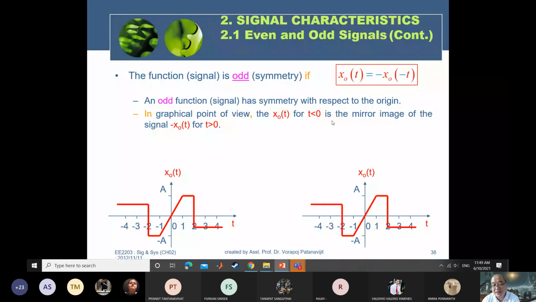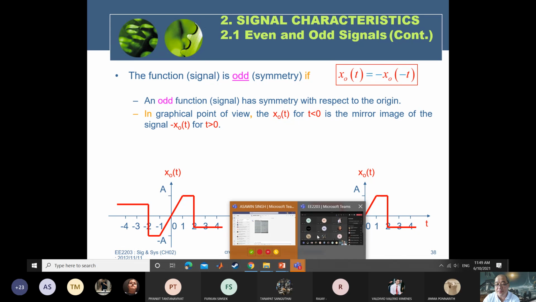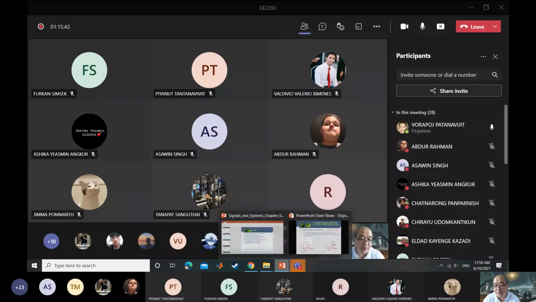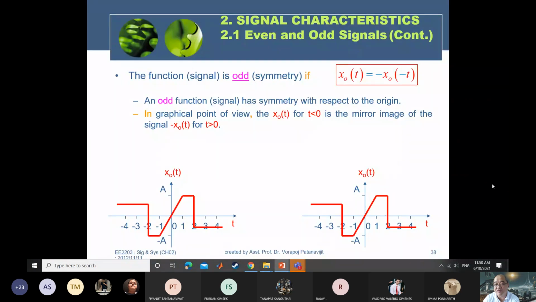Now we come back to the odd function. If you would like to check whether a signal is an odd function or not, you can check by processing the time and amplitude reversal. You must do the amplitude transform first. Determine the amplitude reversal first: you flip the signal with respect to the horizontal axis.